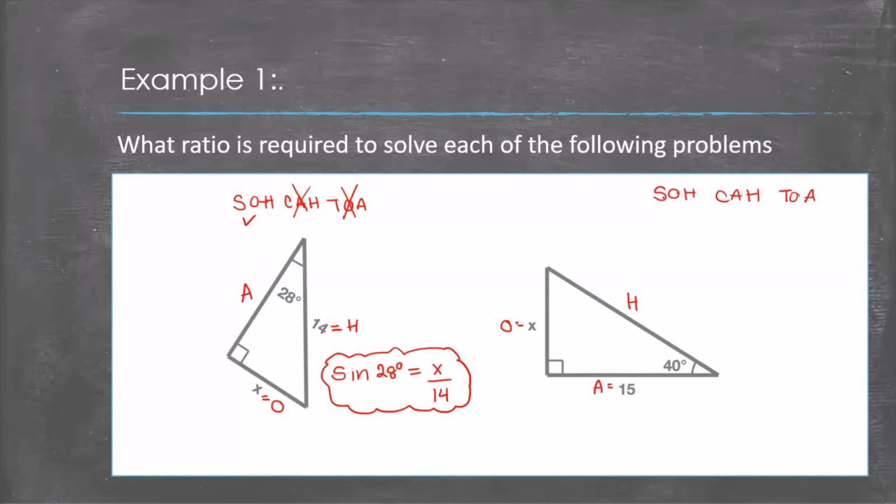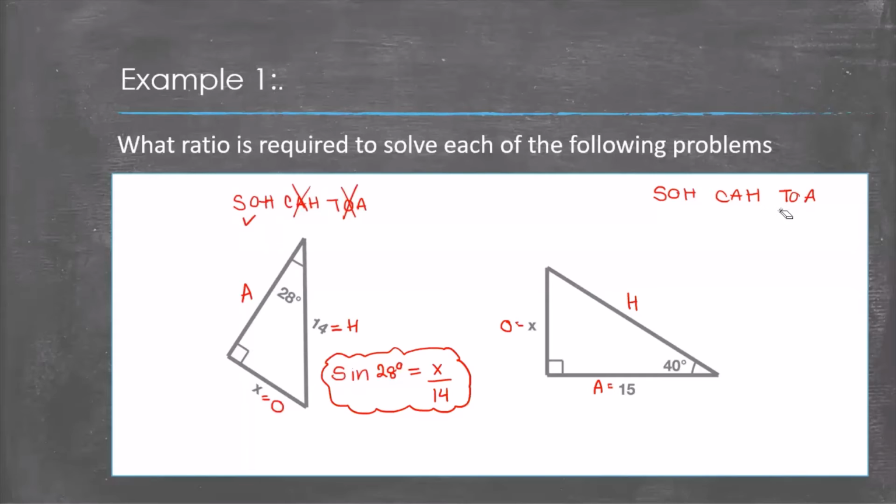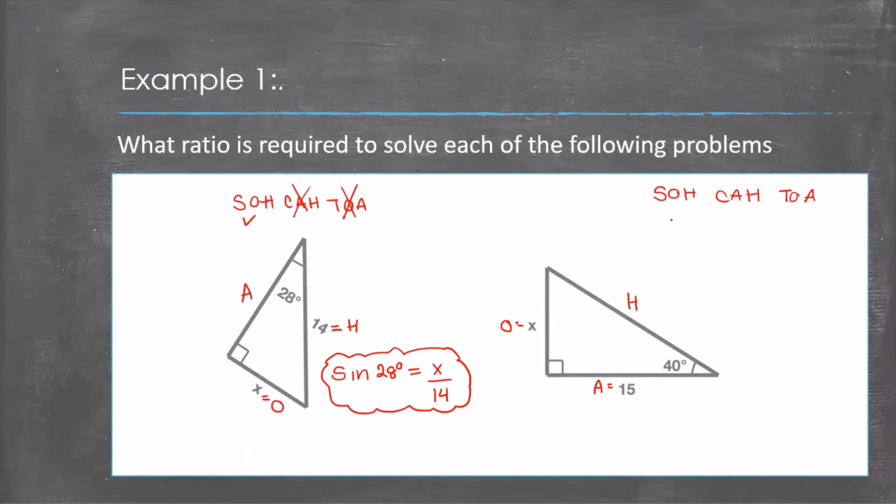Now as I go over and look at my ratios, I need that line there. All right, we don't know anything about the hypotenuse, so cosine and sine are both out. We know the adjacent, we want the opposite.